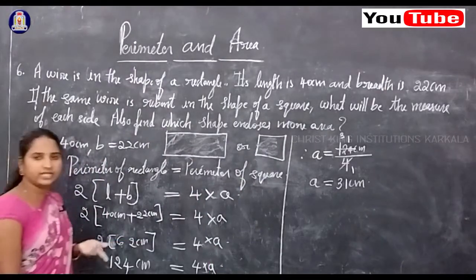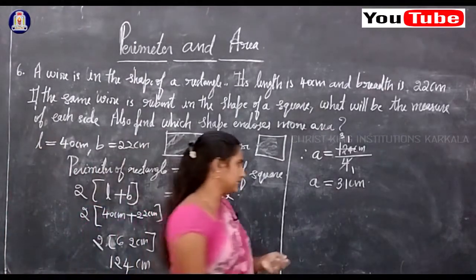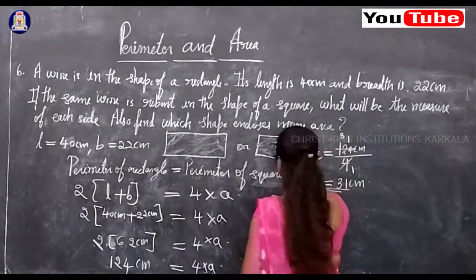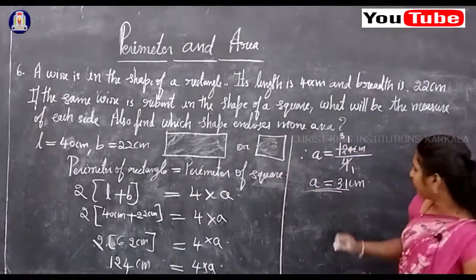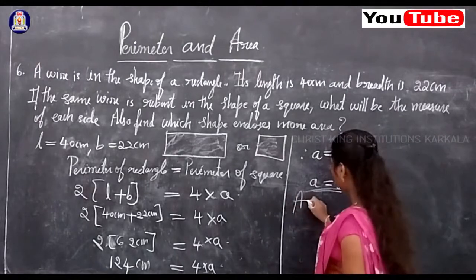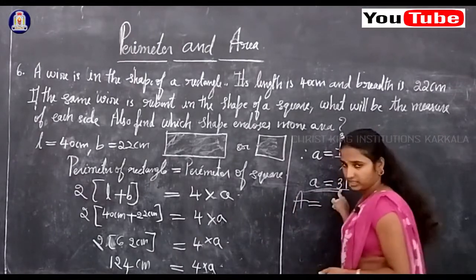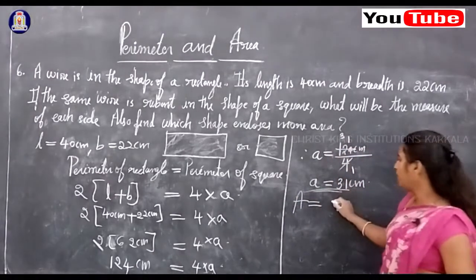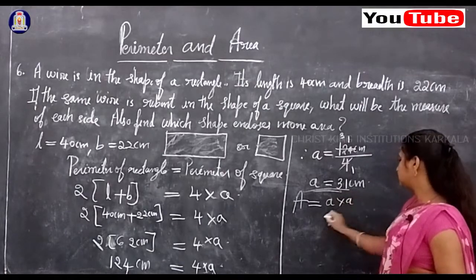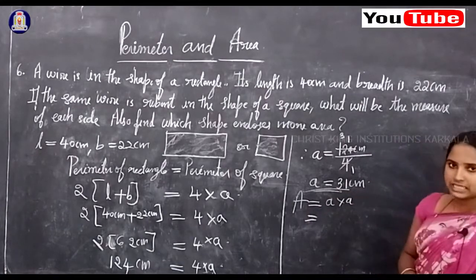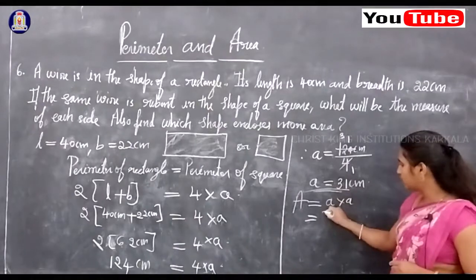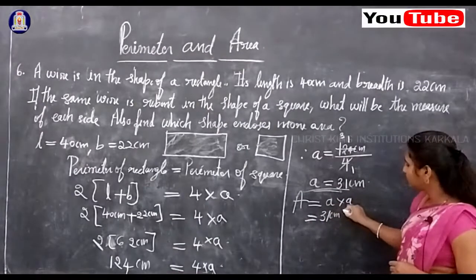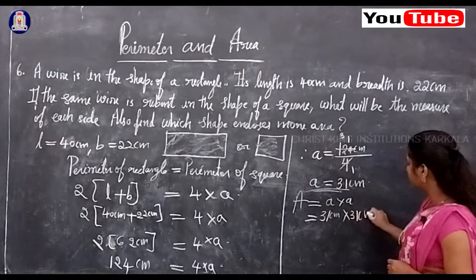You know the formulas, so we can easily find the area of the rectangle and the area of the square. First we'll find the area of the square. The side we got is 31. The formula is side into side. So 31 centimeter into 31 centimeter.